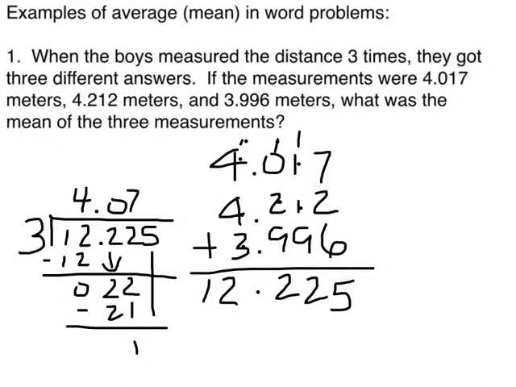And then I bring down my 5, and 3 will go into 15 5 times. So the average, or the mean, of those 3 numbers is actually 4.075, or 4 and, let's count, tenths, hundredths, thousandths, 75 thousandths. So 4 and 75 thousandths. All right, next frame.